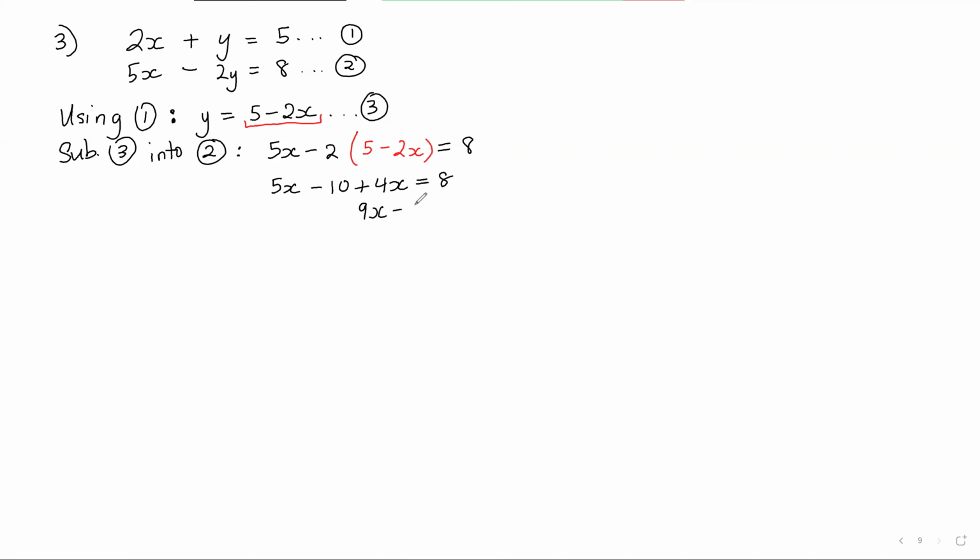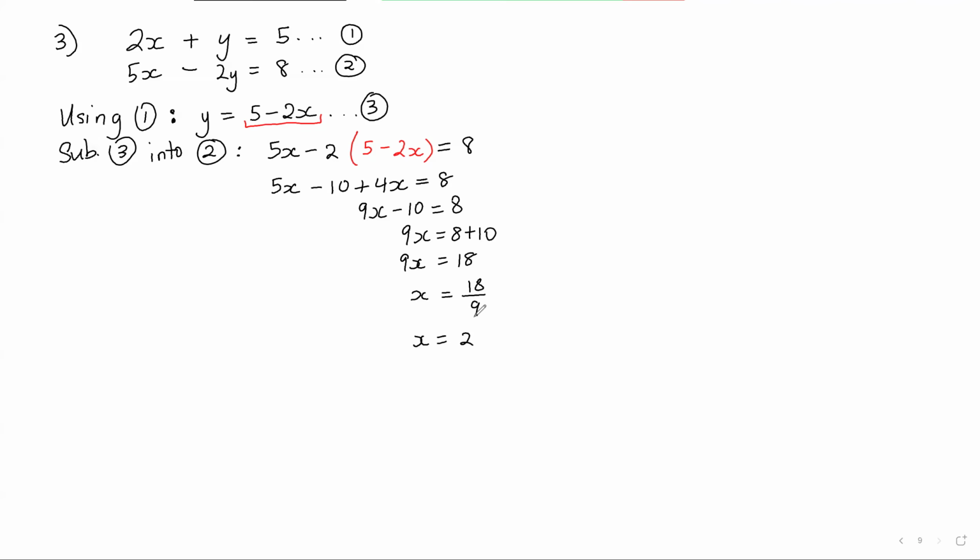That means 9x minus 10 is equal to 8. So then 9x will be equal to 8 plus 10. That gives us 9x equal to 18. And if 9x is equal to 18, x is equal to 18 divided by 9, which means that x is equal to 2.